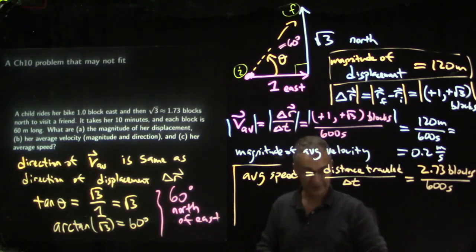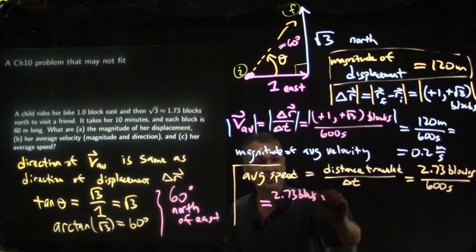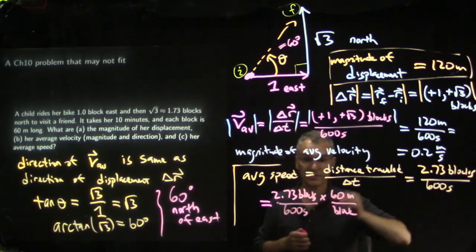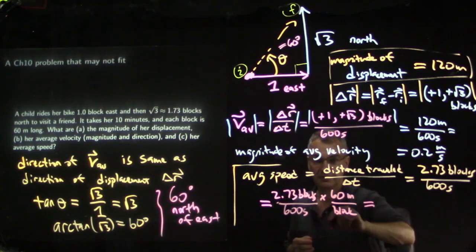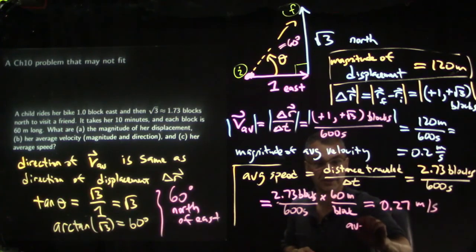And then we're going to convert this into meters per second. So this is 2.73 blocks times 60 meters per block, and then we have divided by 600 seconds. And the 60 cancels the 600, leaving a factor of 10. So this is 0.27 meters per second is her average speed.